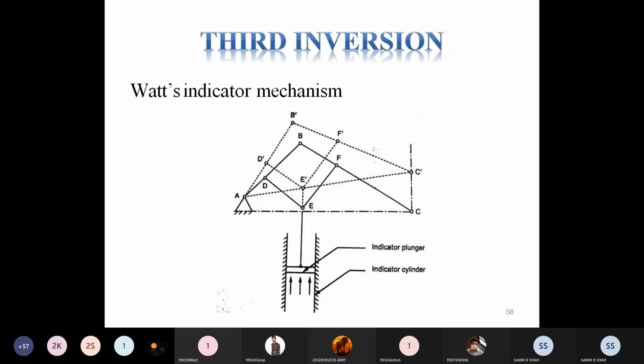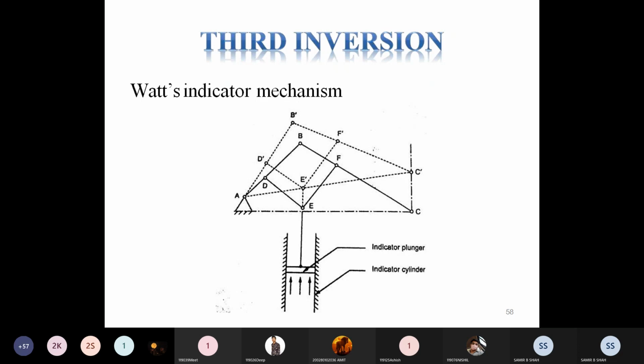Third one is Watt's indicator mechanism, which we consider as a double rocker mechanism. The figure is somewhat complicated, so the dotted portion is considered as the position after movement.